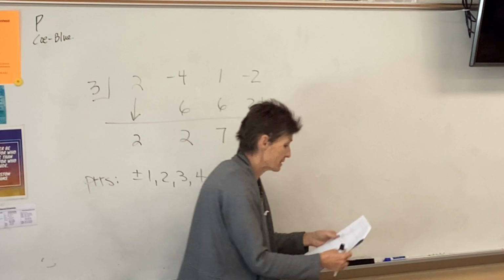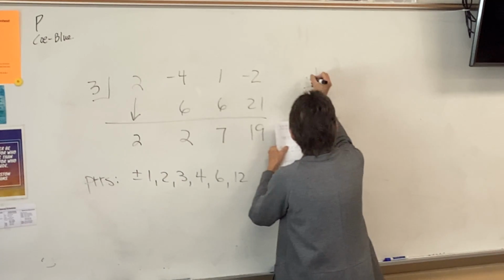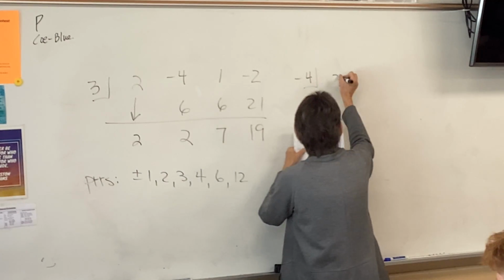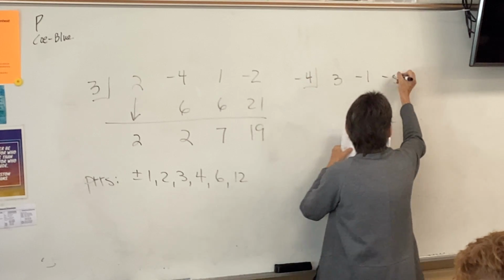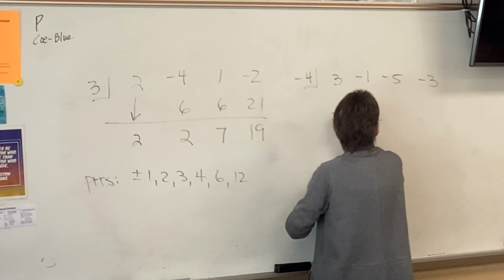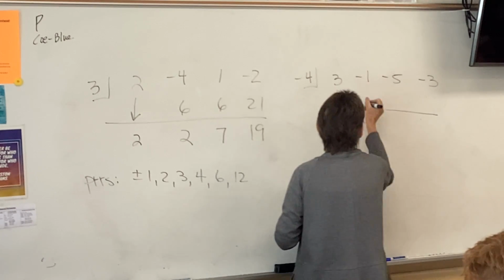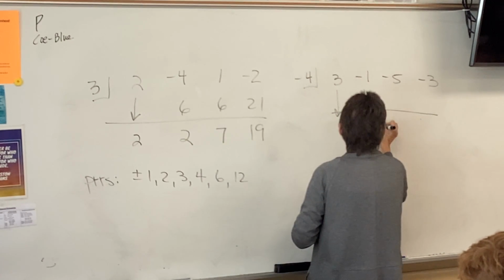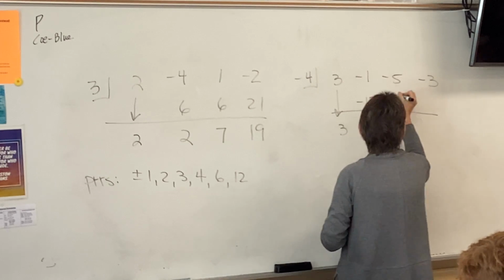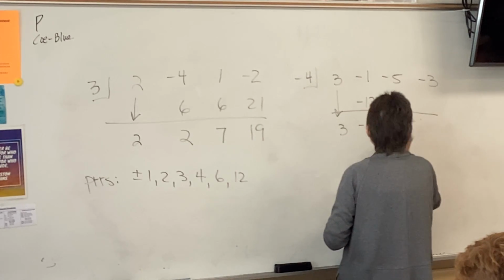and see what happens. So put -4 in the box. Let me guess, they're all going to be negative. That's the lowest you can go.